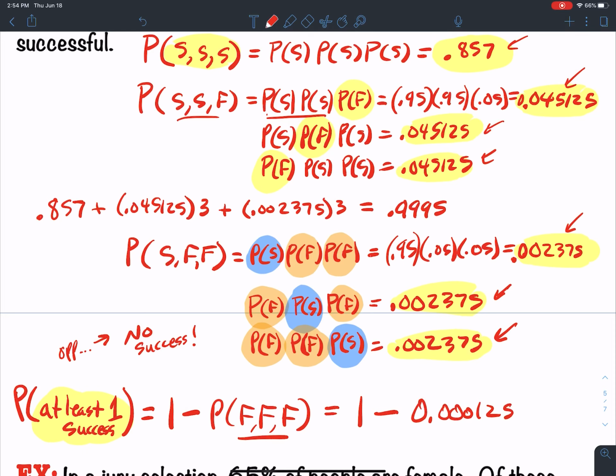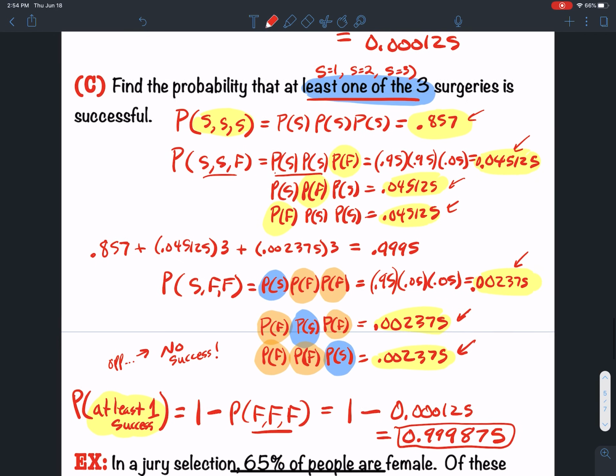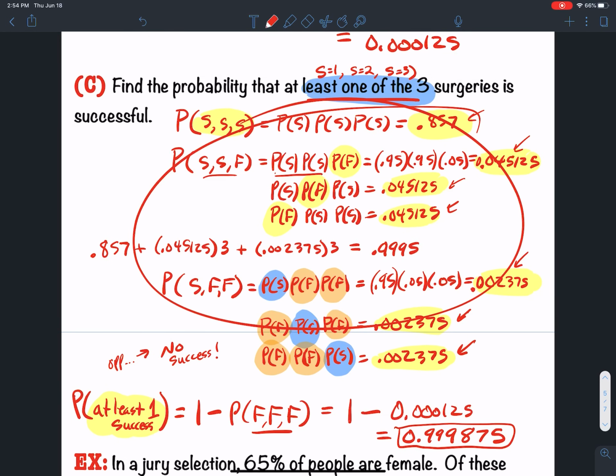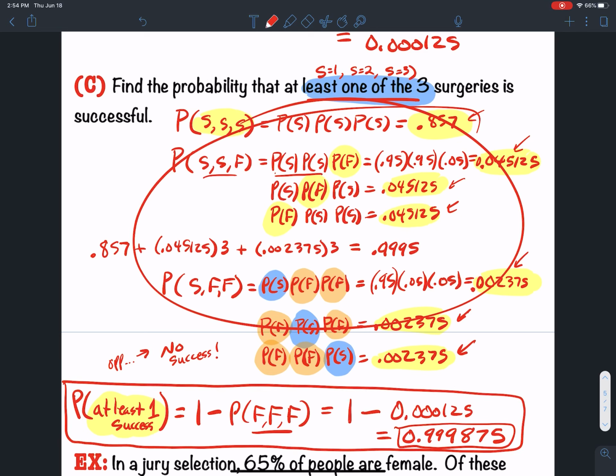And if you do this into your calculator, that's going to give you 0.999875. So, what's easier? To go through here and do all this stuff right here, or to use the complement rule effectively? Personally, to me, I think the complement rule is the way to go. All right, but that's up to you.